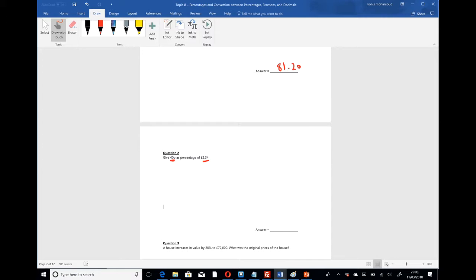So one option will be 40p over 334p times 100, or I could do 0.40 pounds over 3.34 times 100, and then I can just plug that into the calculator and get a value.